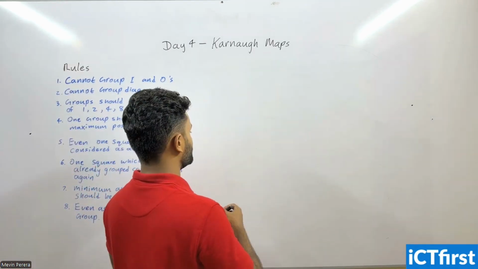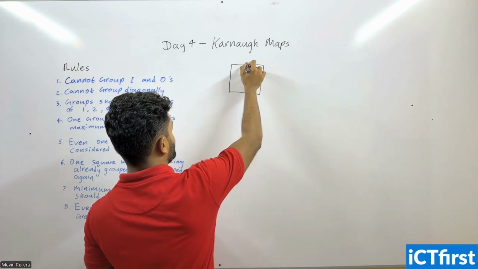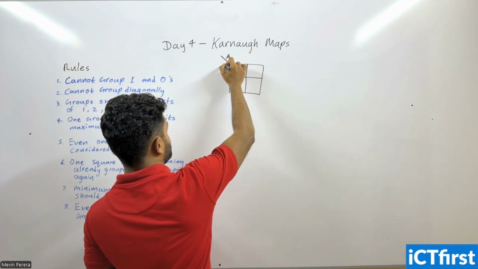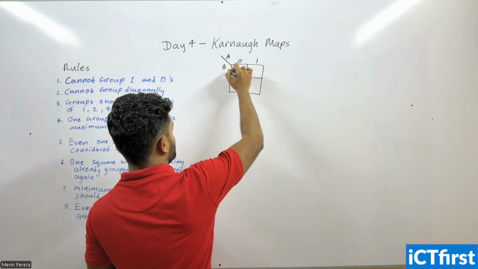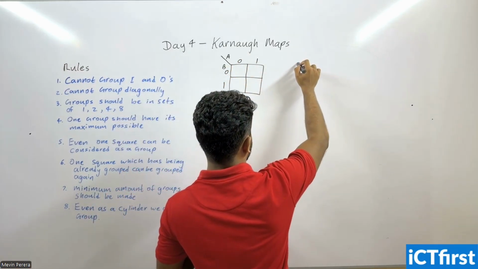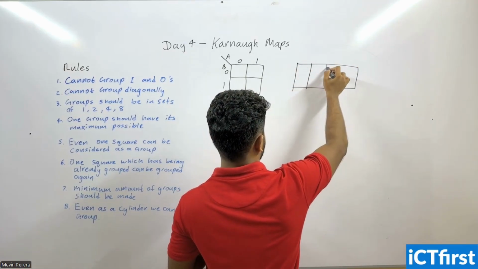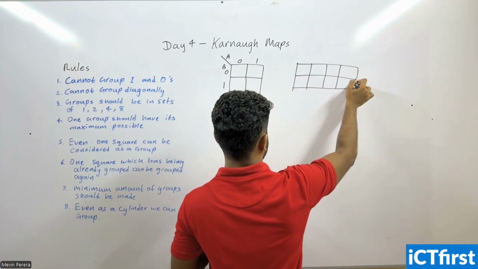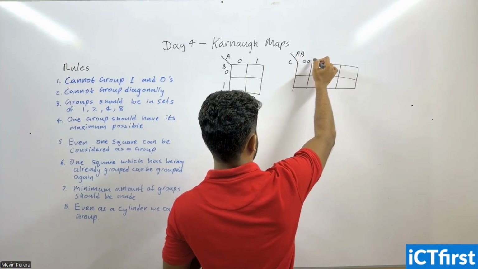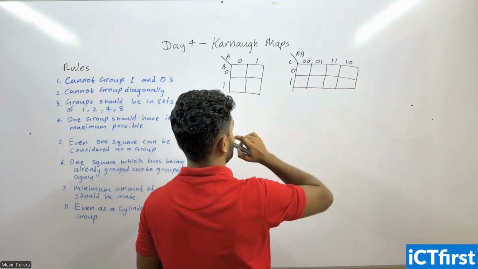Now, Karnaugh maps: if there are two inputs, it will be like this: A, B, 0, 1, 0, 1. If there are three inputs, it will be 0 0, 0 1, 1 1, 1 0, and 0, 1.